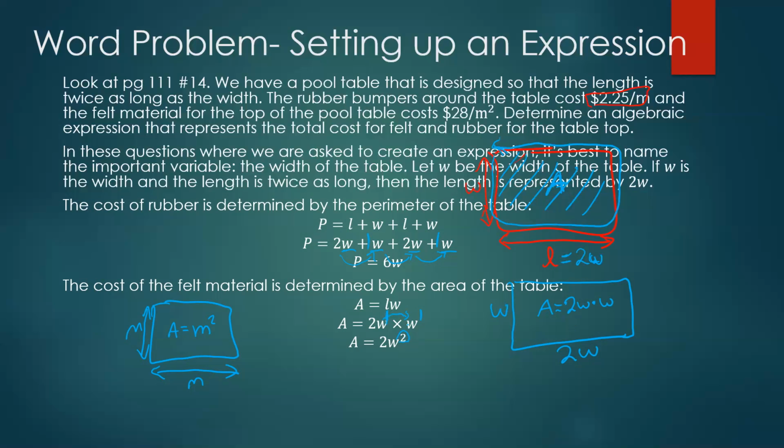So now that we know what the perimeter is and what the area is, this question becomes a little bit easier. To find the cost, we know that you're going to pay $2.25 for every meter.